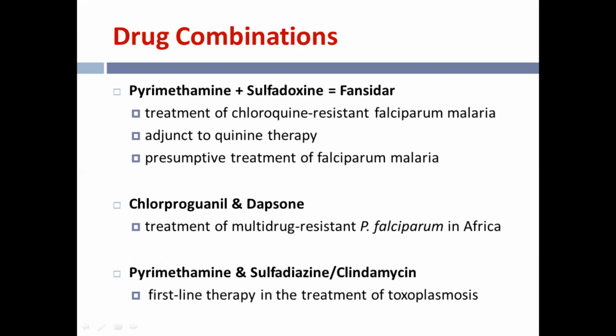So it is used for chloroquine-resistant falciparum malaria. Chlorproguanil and dapsone are also used. The combination of pyrimethamine and sulfadiazine with clindamycin is the treatment for toxoplasmosis.